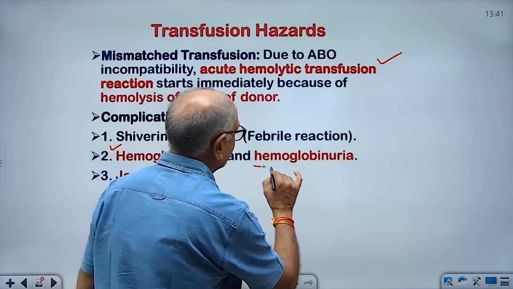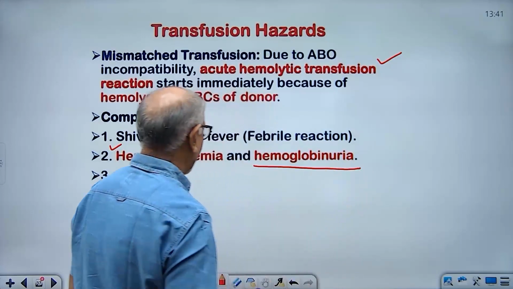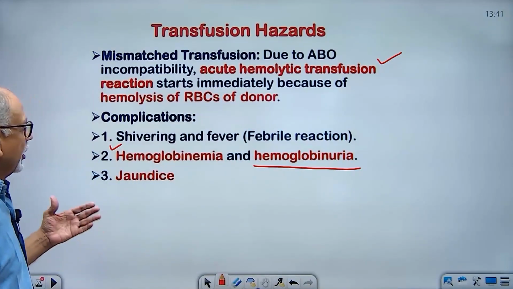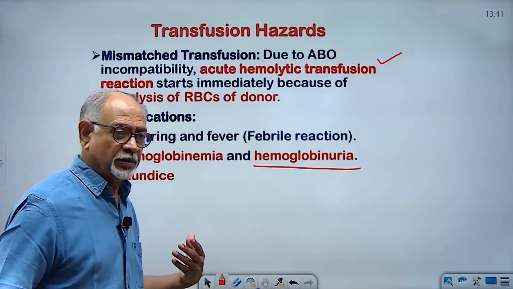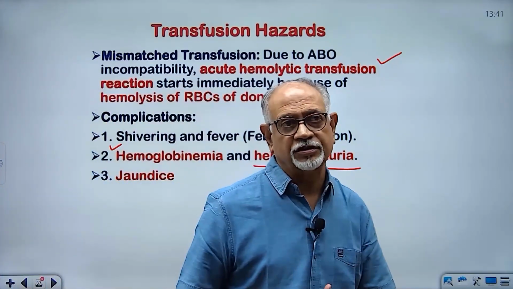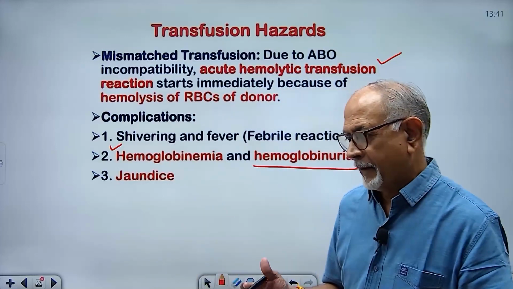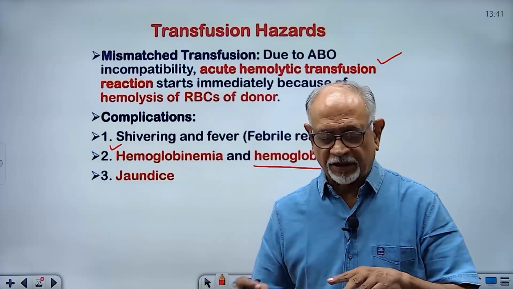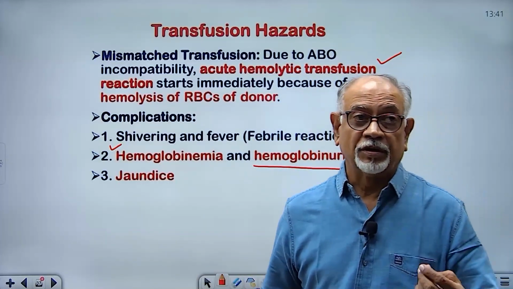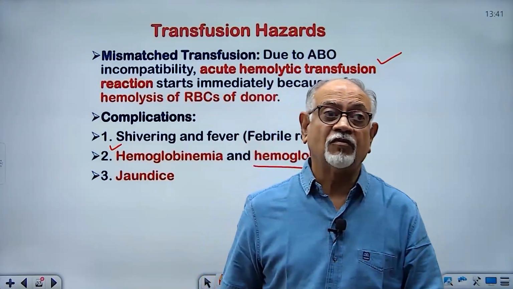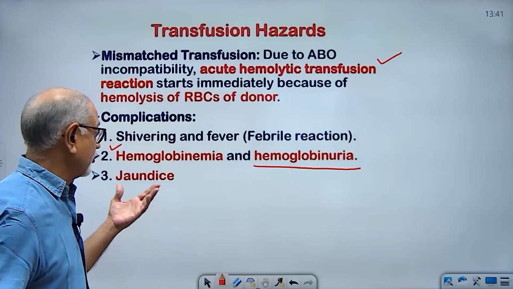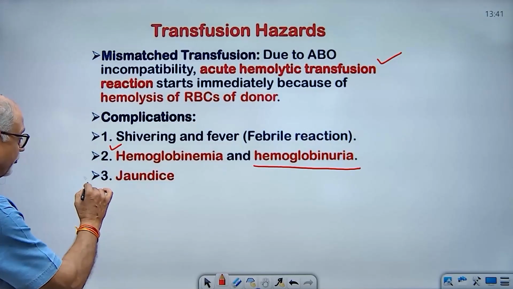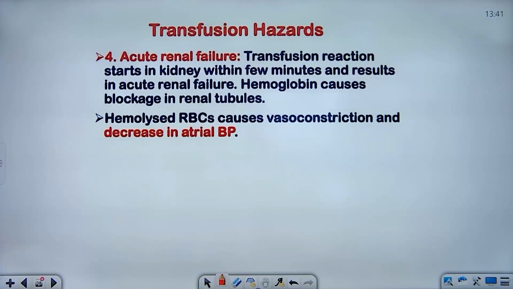That is called hemoglobinuria. And due to the anemic condition, the skin, the nails, then the conjunctiva of the eye become yellow. These are the symptoms of jaundice.